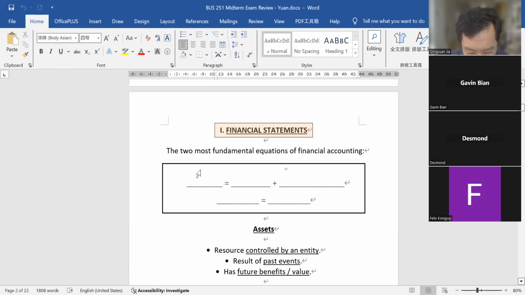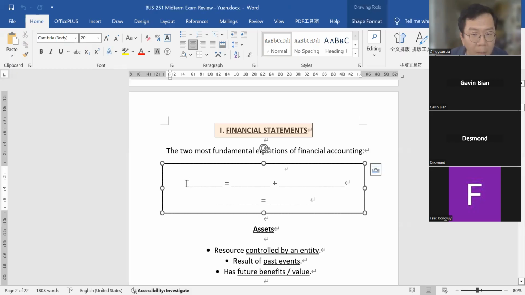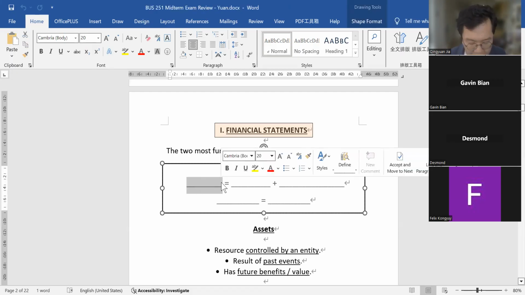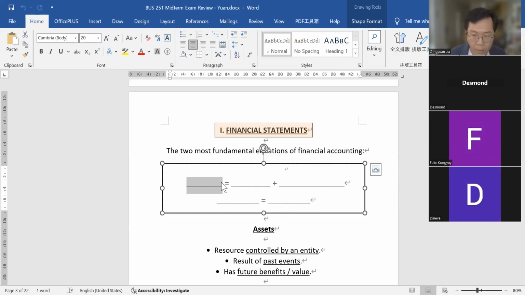There are two most fundamental equations of financial accounting, and we have talked about this many times. It is assets equals liability plus shareholders' equity. Sorry, is it okay? Assets equals liability.